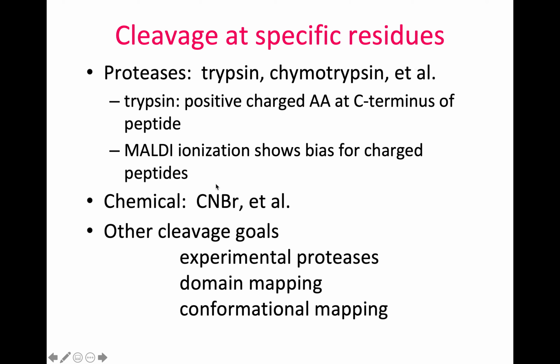The goal of cleavage or digestion is to chop your large protein into smaller peptides. But other cleavage goals include using different experimental proteases to get varieties of peptides. You could also do some domain mapping from there and also some conformational mapping, which is actually quite tedious to do.